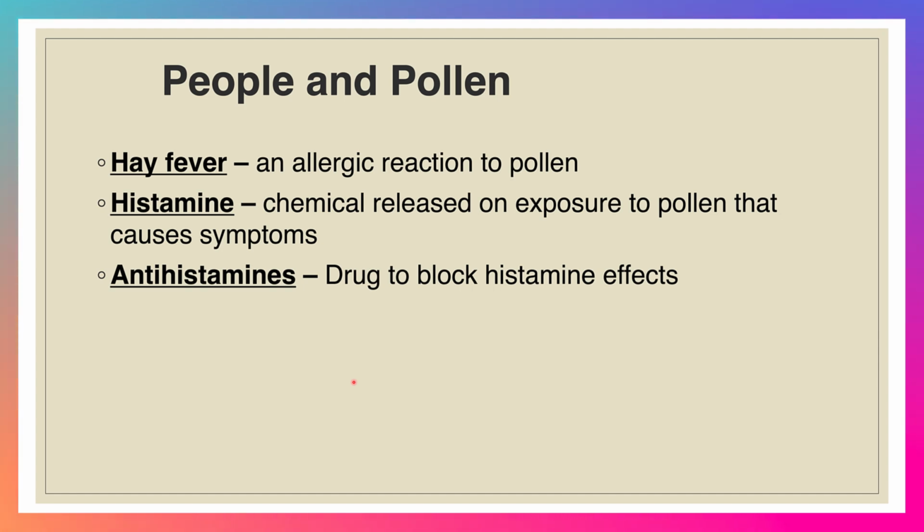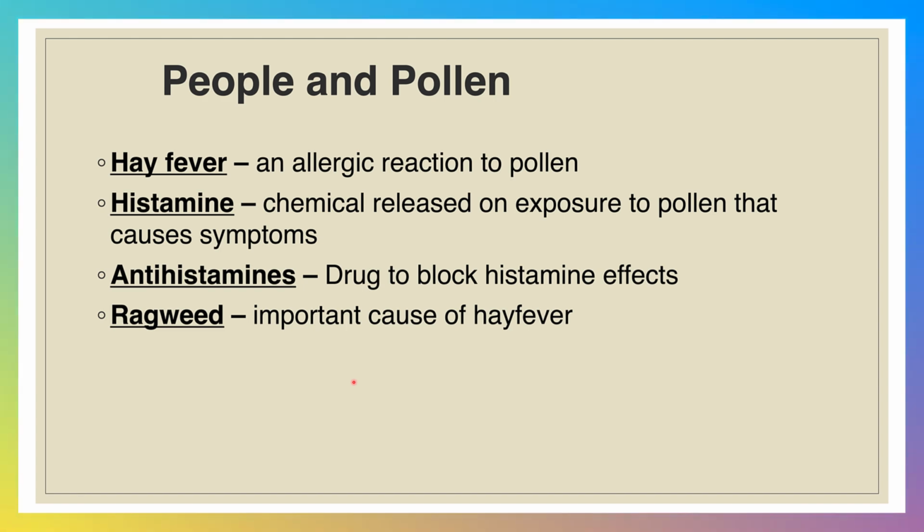People take drugs to try to block the effect of histamine, and those drugs are called antihistamines. Ragweed is singled out because it is probably the most important plant that produces pollen that causes hay fever. More people are sensitive to the pollen of ragweed than any other plant.